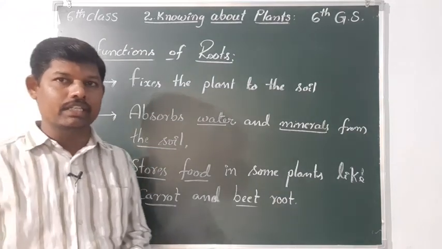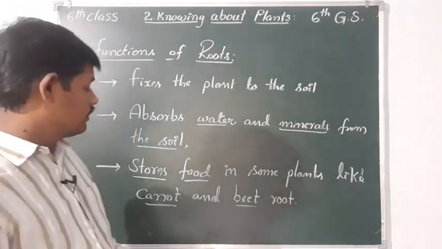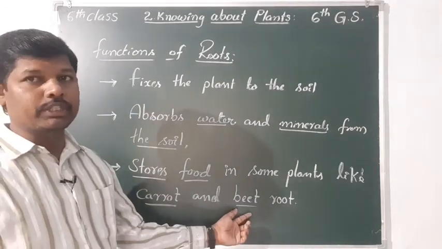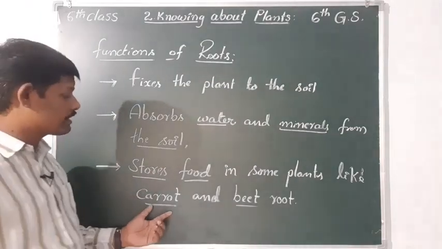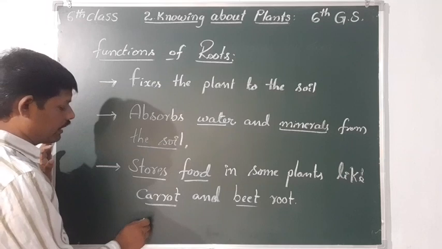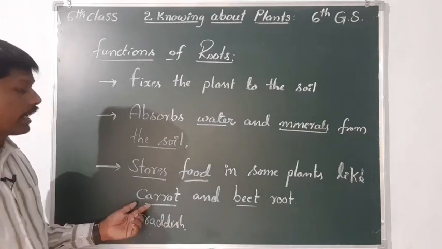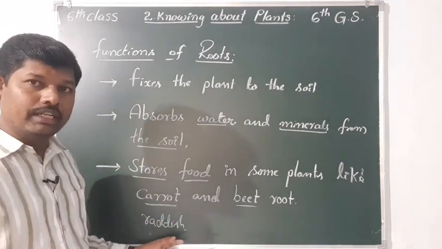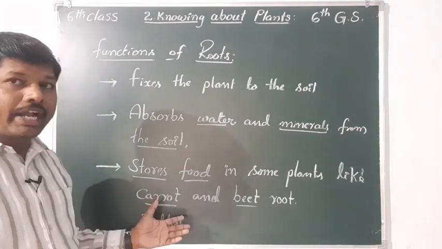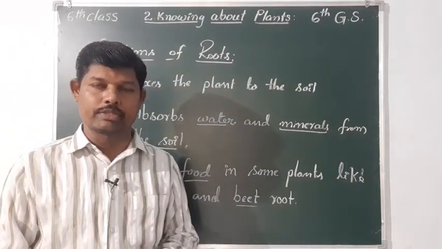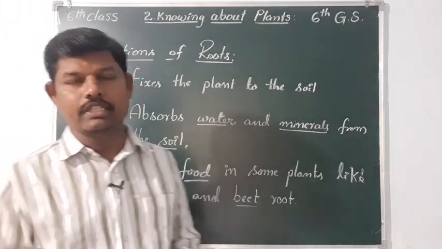What we are eating, carrot and beetroot, are roots, because the plants store food in those roots. Along with carrot and beetroot, radish also stores food in its roots. And some plants also store food in their stems, for example sugarcane. Sugarcane stores food in its stem.